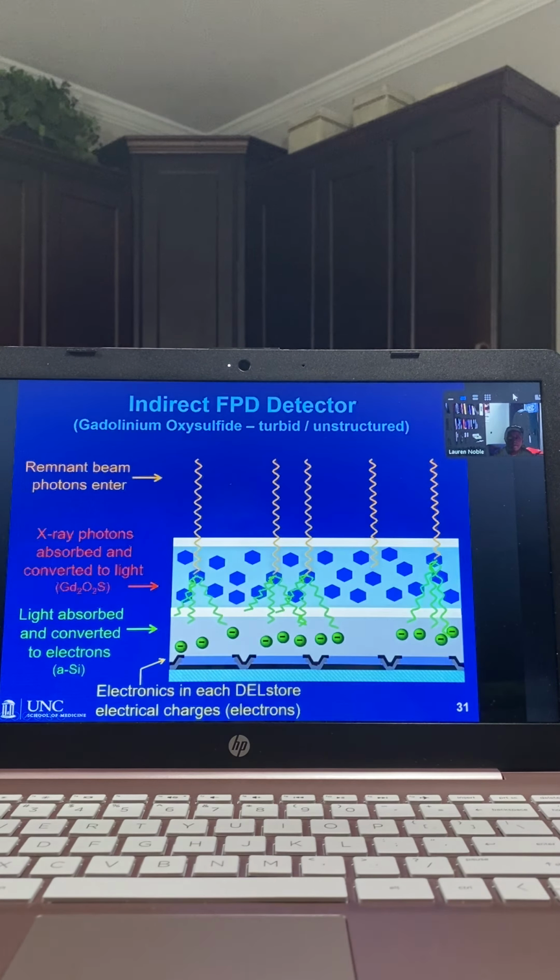Okay. Oh, and by the way, let me mention too, I told you about the thin film transistor. What is the thin film transistor technology built onto? What's that base layer made of? And I told you that's why it could break. Yeah, it's made of glass. There are some vendors working with flat panel detectors that do not use glass.